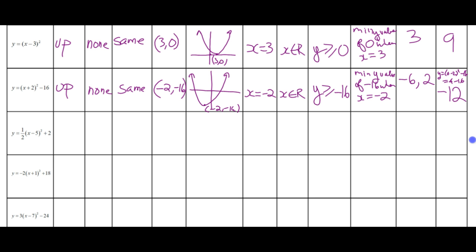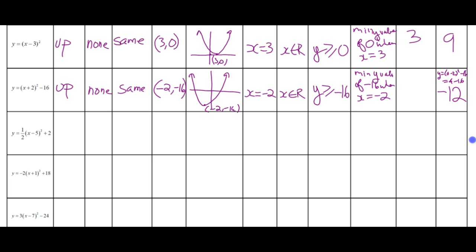How'd you get those? Some calculation. Y equals 0. Okay, y is equal to 0, so then we'll move the 16 over and square root both sides.